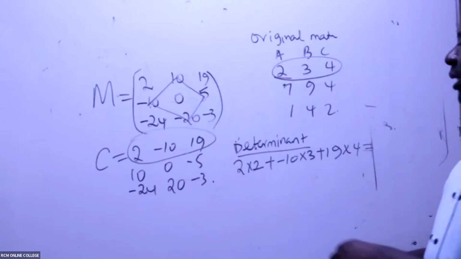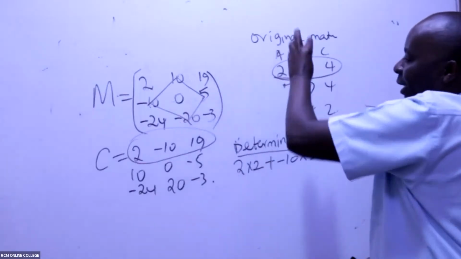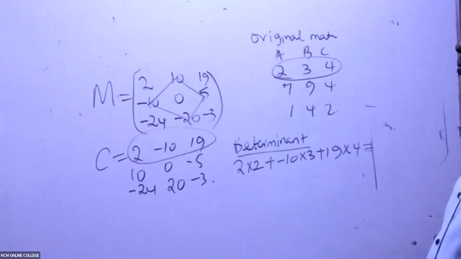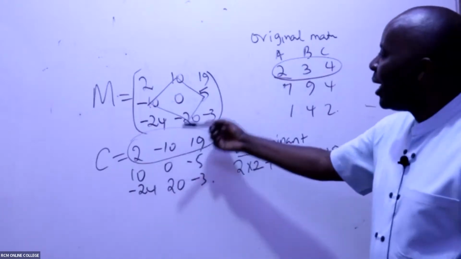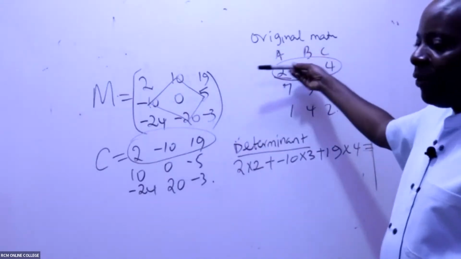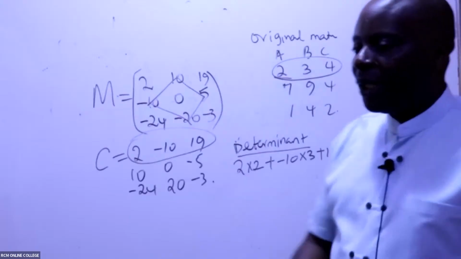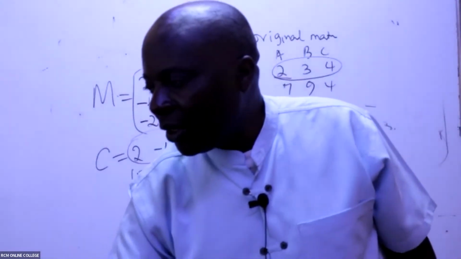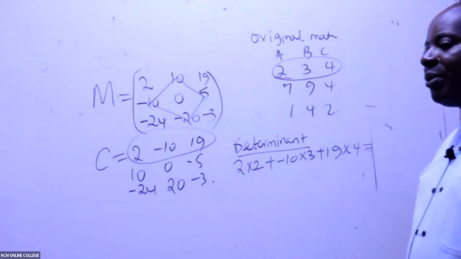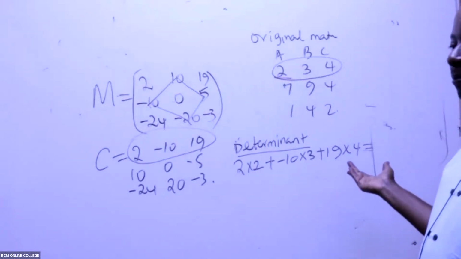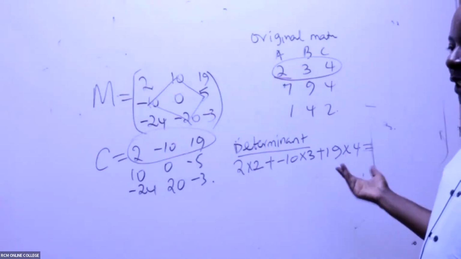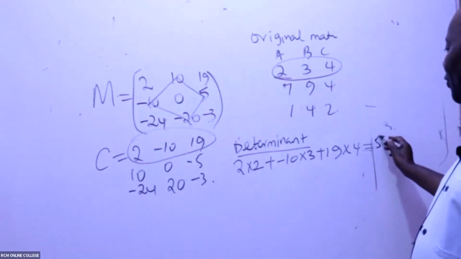So for the determinant, you take row 1 and row 1 here, for the cofactors you take this and this, and then you combine the numbers. Is there somebody who is able to confirm 50? That 50 we got there.